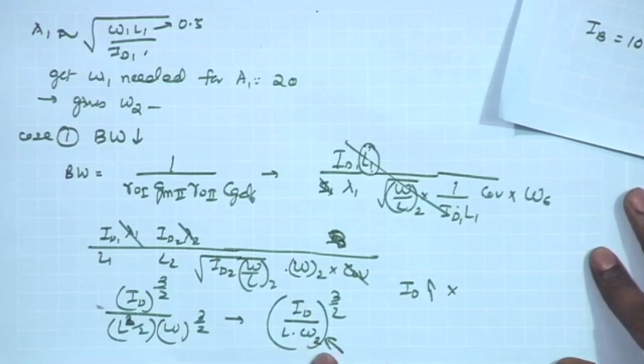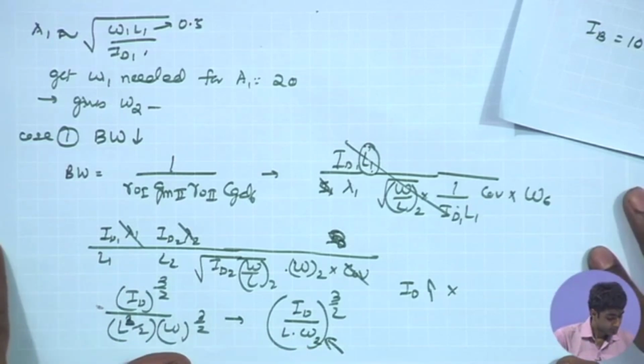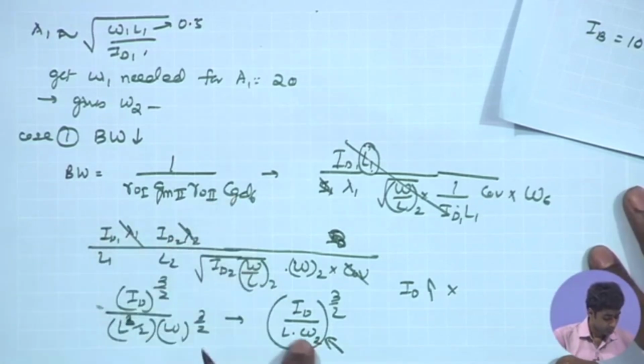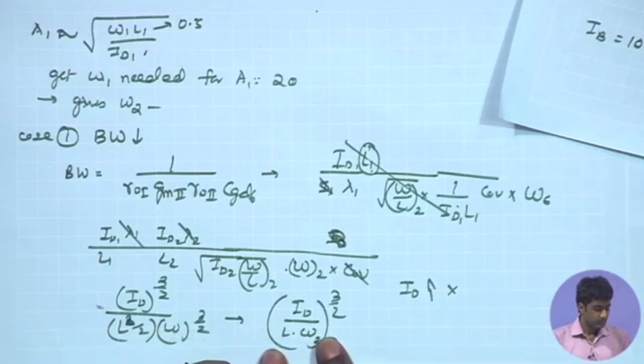If I reduce the W2, that is another option. So for a given L, if I am reducing the W2 while I am increasing the ID by the same factor, that can be one option.